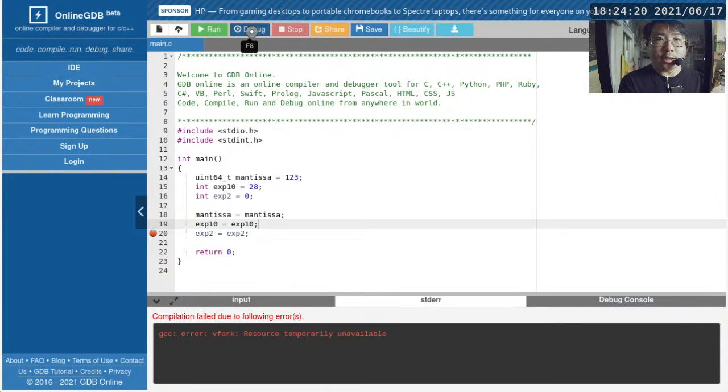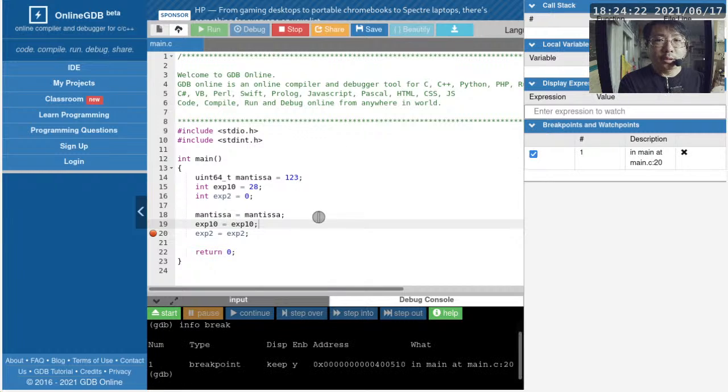Yep, doesn't like it. There we go. Alright, so do we have our variables? The answer is no. Isn't exp2 being recognized as a function or something? There's different syntax coloring there. Oh, exp2? Right. Yeah, it colors it differently, but that is not the issue.